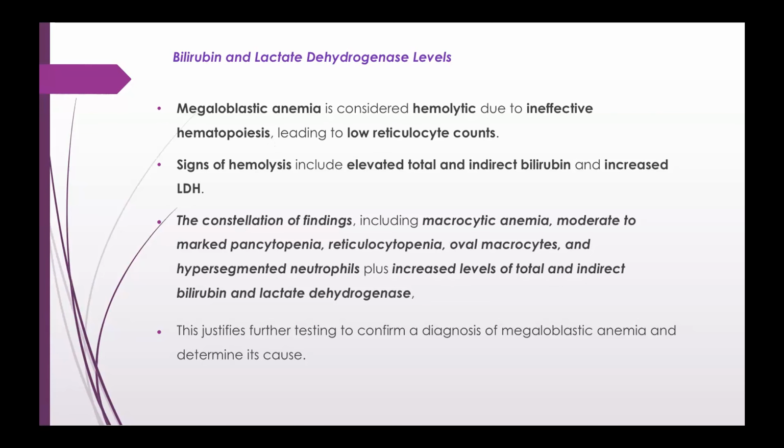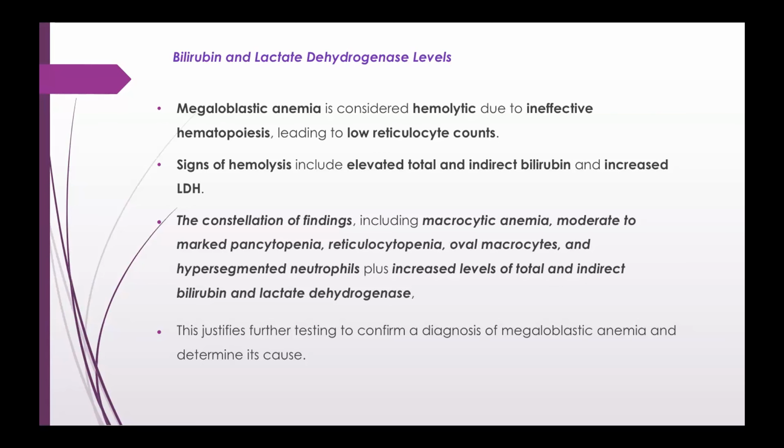The constellation of findings include macrocytic anemia, moderate to marked pancytopenia, reticulocytopenia, ovomacrocytes, and hypersegmented neutrophils, plus increased levels of total bilirubin and direct bilirubin, right? And lactate dehydrogenase. So these are the constellation findings in megaloblastic anemia.